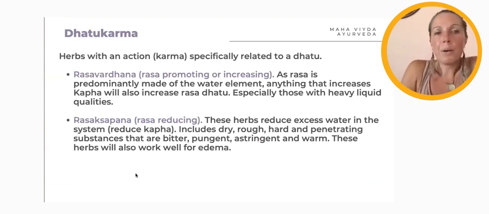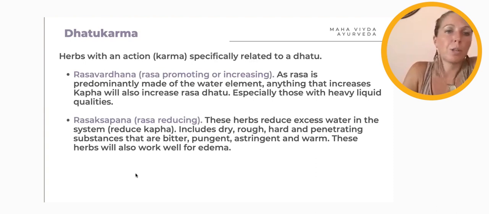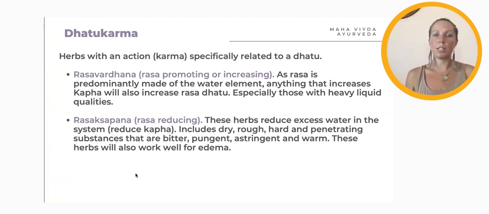There are herbs, however, that have a specific action related to each dhatu, and we're going to go into that today for rasa. So that's called the dhatu karma. And so there are herbs that are rasa promoting or increasing. These are primarily made of the water element. So anything increasing kapha, like we talked about, is increasing rasa, especially those with heavy liquid qualities.